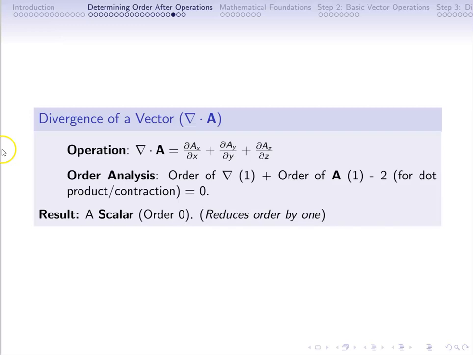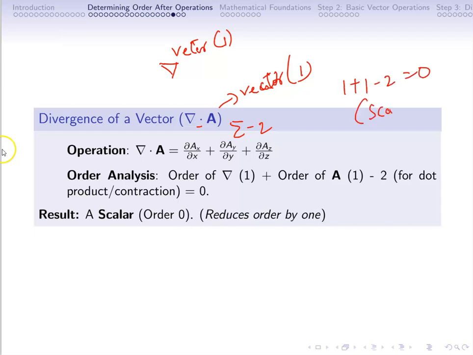Now divergence of a vector. Here del is a vector and a is also a vector, so that is order 1, this is also order 1. Because of the dot, summation of minus 2, so 1 plus 1 minus 2 is 0, meaning scalar.